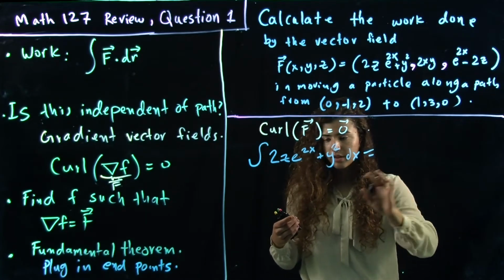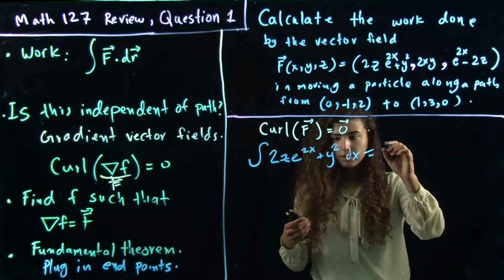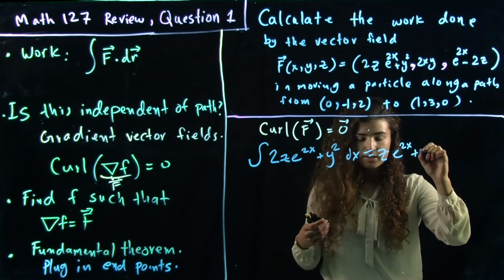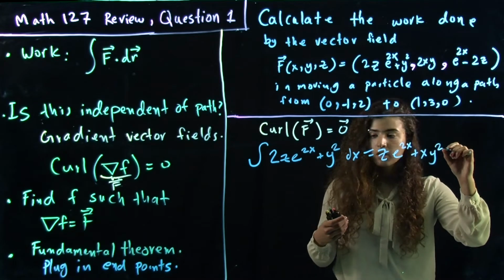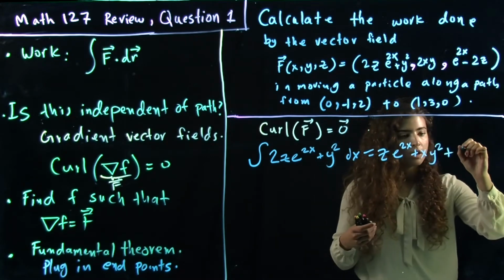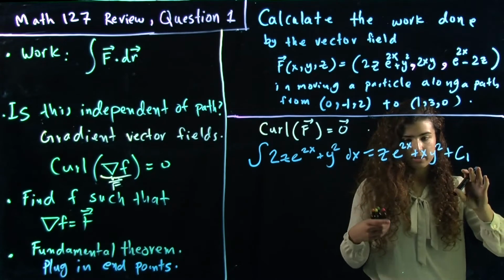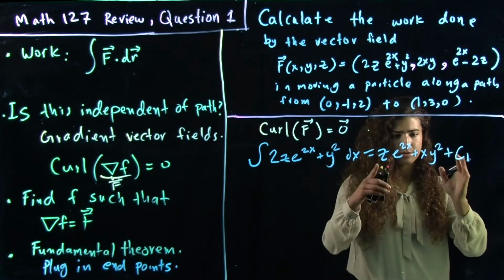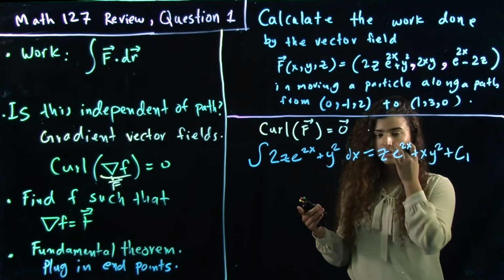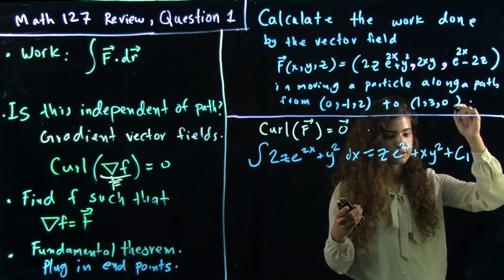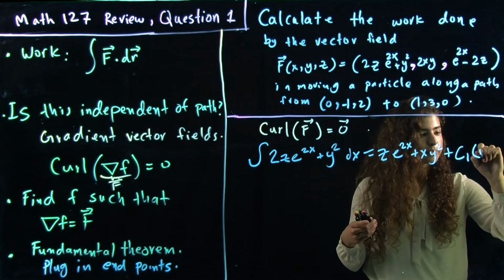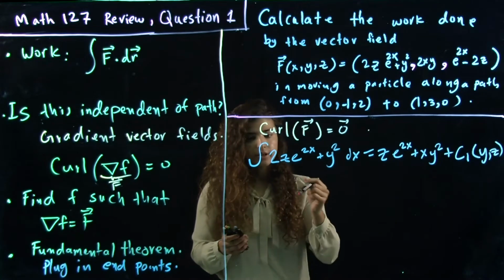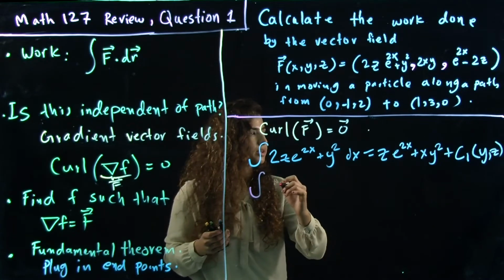And so to get that, the first part is going to be z e to the 2x plus xy squared plus whatever our constant is, which would be something that would have a y or a z in it but no x, so that when you take the derivative of this part with respect to x, it should come back to be the x component.